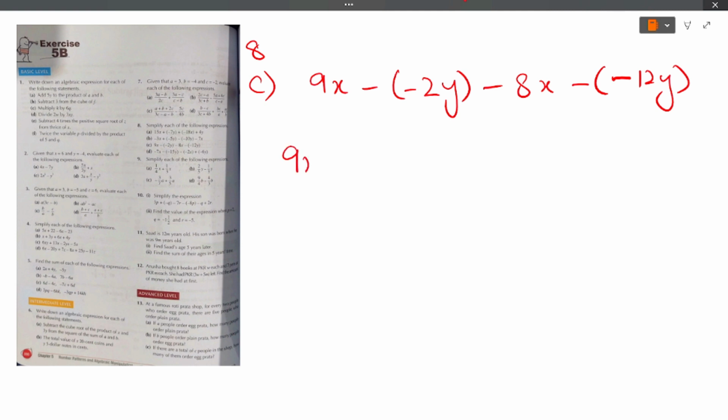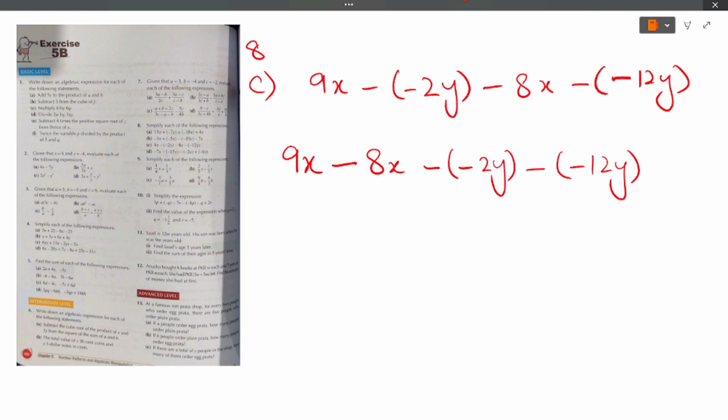Yes, 9x minus 8x. Okay, we are writing the x variables together. So what is the next step now? Minus into minus 2y, then minus into minus 12y. Good.